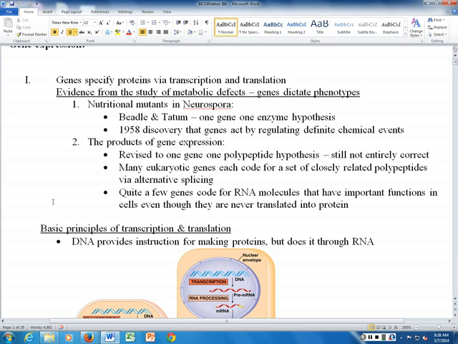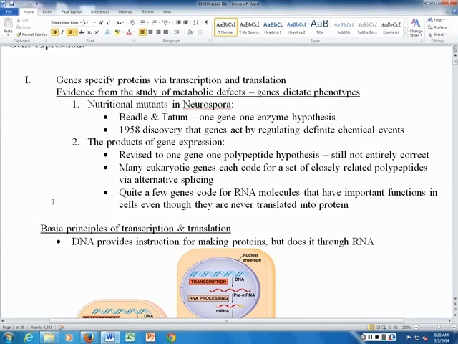So they decided to revise the hypothesis a little bit to say that one gene led to one polypeptide. It's a little bit closer, but it's still not quite accurate. A lot of times with a eukaryotic gene, each is going to code for a set of closely related polypeptides because of something called alternative splicing.